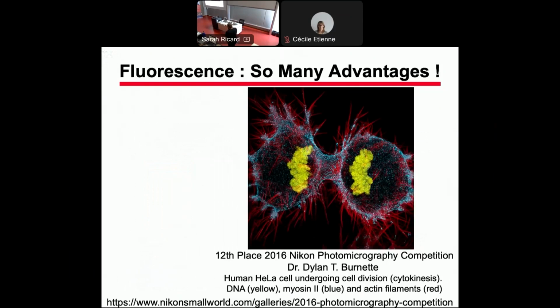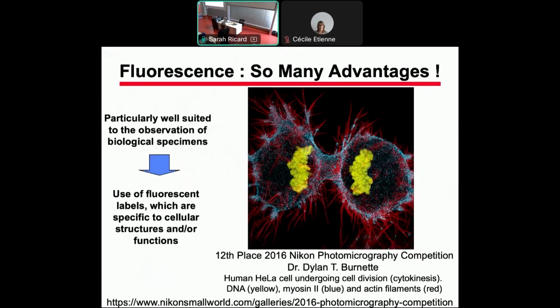Okay, we have seen this morning beautiful results in fluorescence microscopy. Fluorescence is the kind of queen of the battlefield in microscopy. It has so many advantages for imaging, mostly because there are now hundreds of fluorescent labels and variants which are specific to cellular structures and or cellular functions.